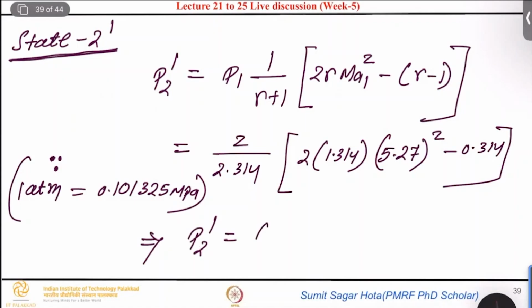Now P2 dash is equal to 62.2 atm, which is 6.363 megapascal.